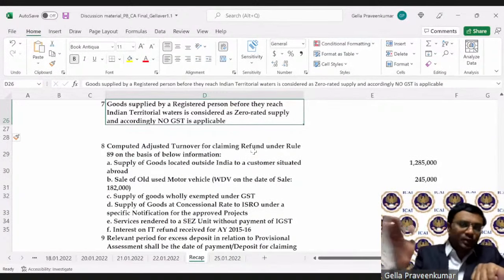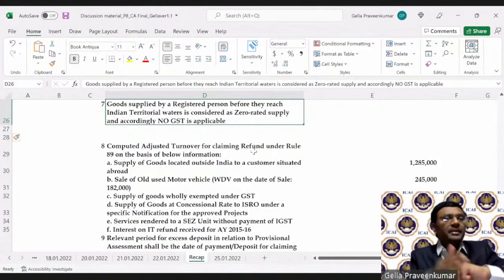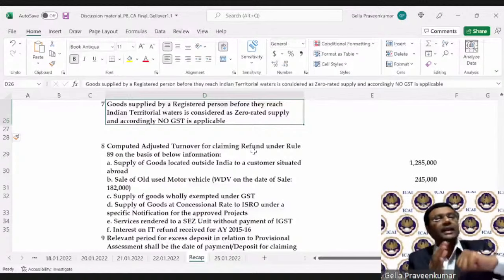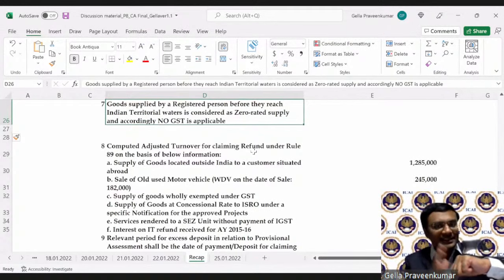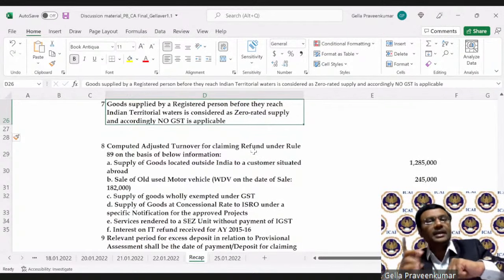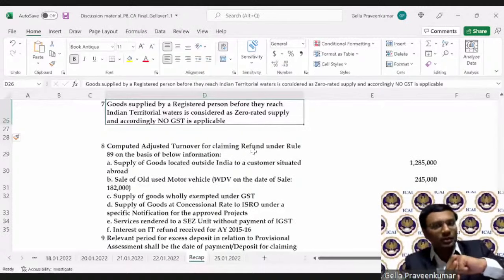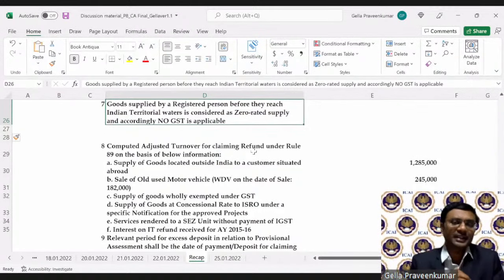That means before the goods hit the Indian soil, before they reach the taxable territory, the goods have been supplied. Can I call these goods zero rated supply? Yes or no? If your answer is yes, does it comply with section 16? If your answer is no, then what would you call this transaction?